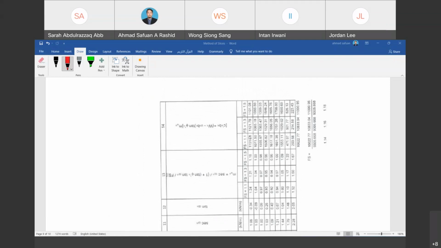first assume the factor of safety, on the left, 1.1, and then we gain the value 1.14. Then Dr. Kamarudin increased it to 1.3, and he obtained 1.16. Then he increased it to 1.5 and obtained 1.18, sorry.